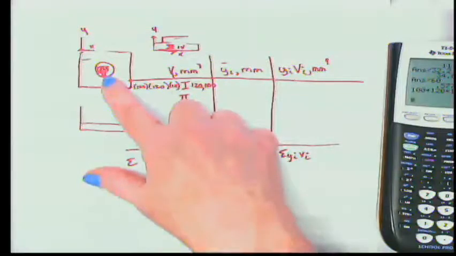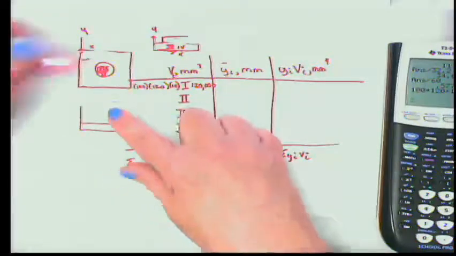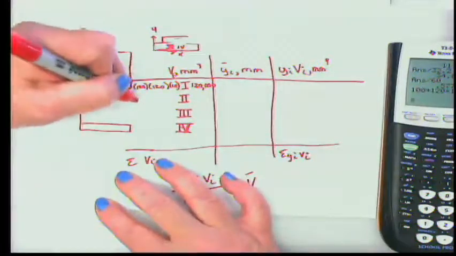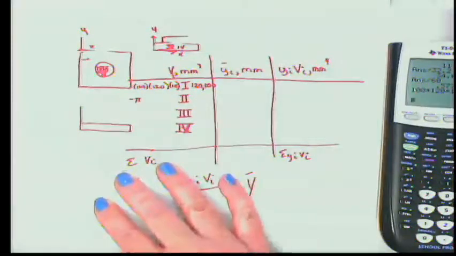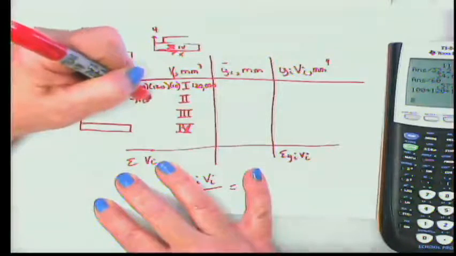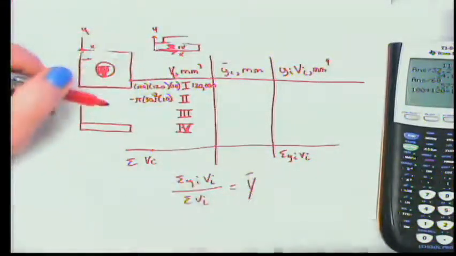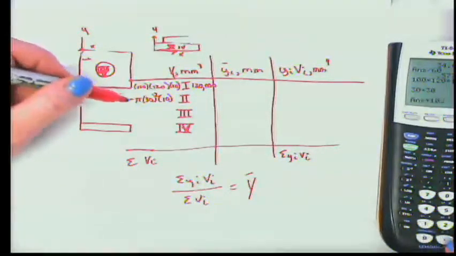Then this is the volume of a circle, but it's cut out, right? So what that means for us is that it's going to be a negative. So that's pi times r squared, which I'm told is 30 millimeters, and that times 10. Exactly. So 30 times 30 times 10 times pi.